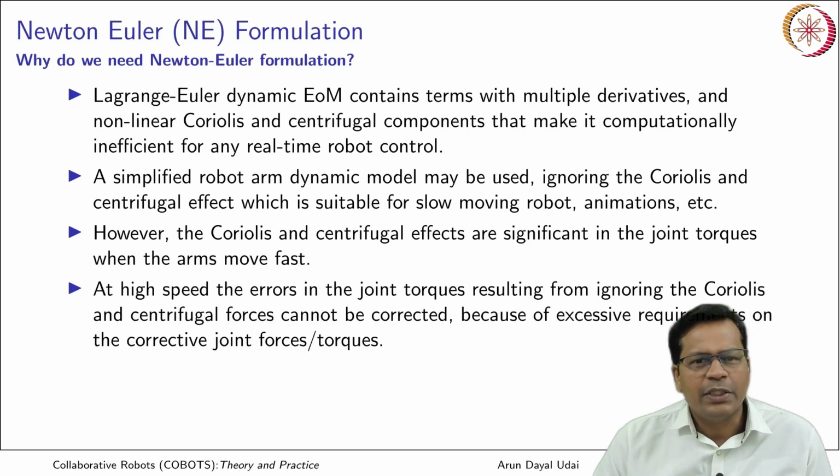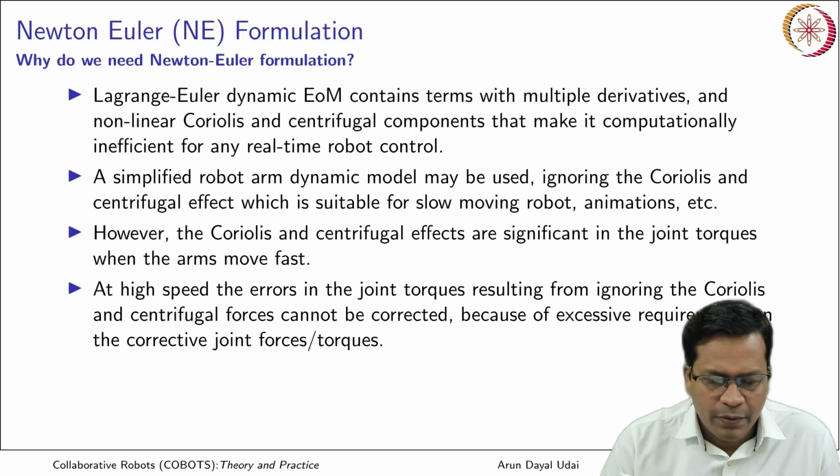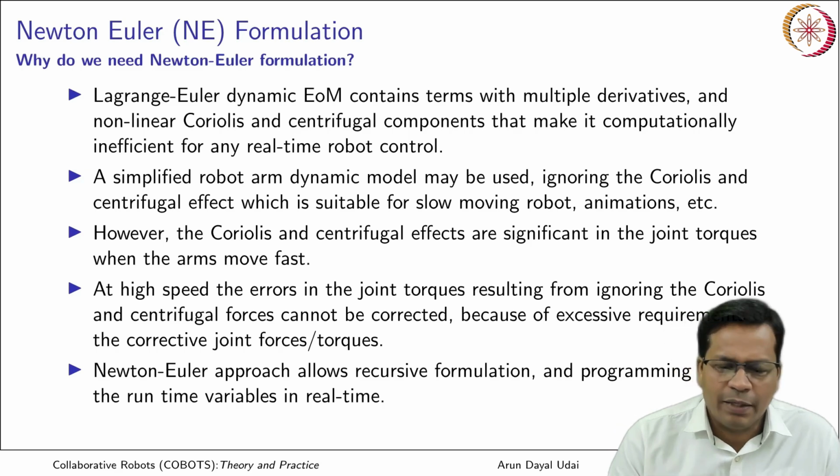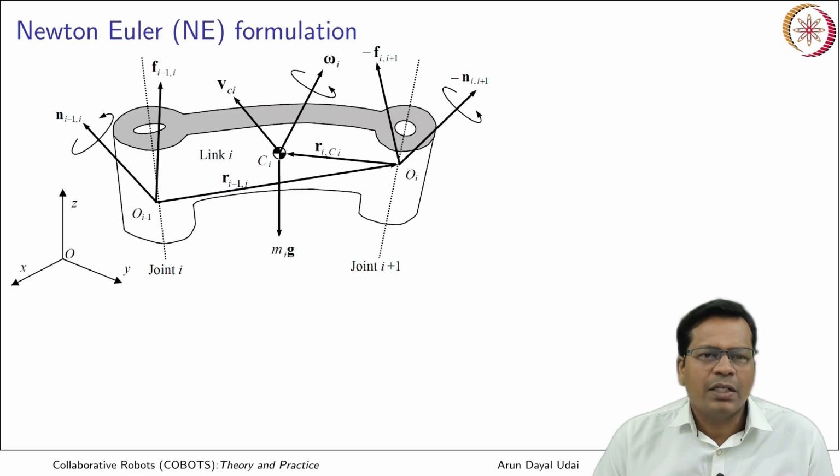At high speed, the errors in the joint torque resulting from ignoring Coriolis and centripetal forces cannot be corrected because of the excessive requirement on the corrective joint forces and torques. So the Newton-Euler approach allows recursive formulation and programming to obtain the runtime variables in real time. Let us derive the Newton-Euler recursive formulation first.